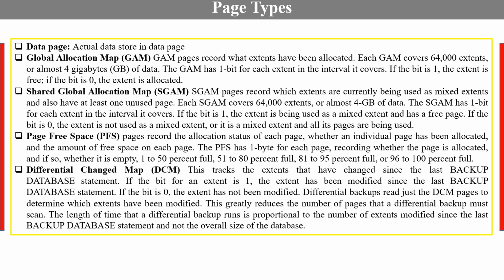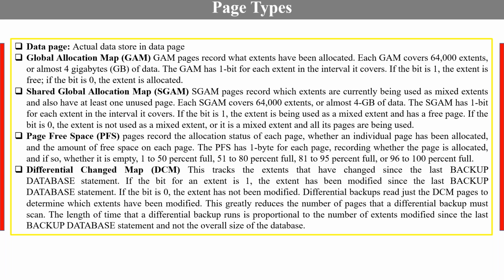Okay. Next, SGAM. Just one question. When it creates a new GAM page, will it outright create those 64,000 extents, or what is the minimum? Usually when we insert, that space will be occupied, right? See, even Microsoft has not mentioned that it will create this many extents initially. Microsoft only says that a GAM page will cover this many extents.